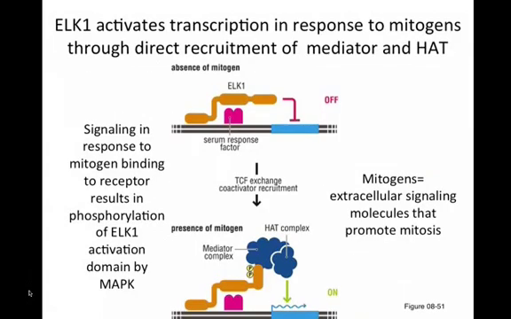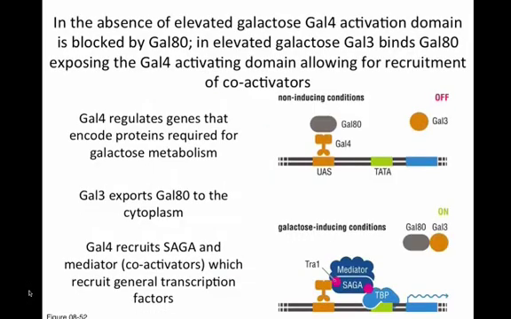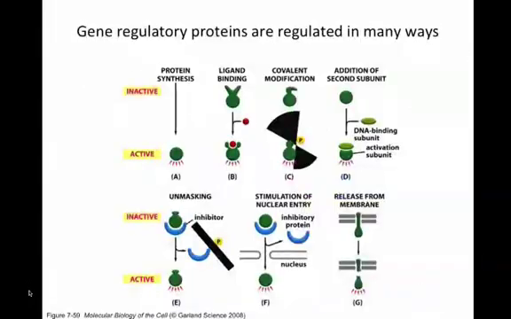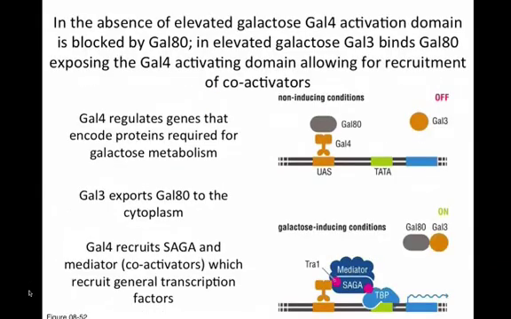So the last one was an example of phosphorylation, which results in recruitment. And this is an example of an inhibitor that's removed. And so these directly relate to this, right? Okay, so you get gene expression. Yes?